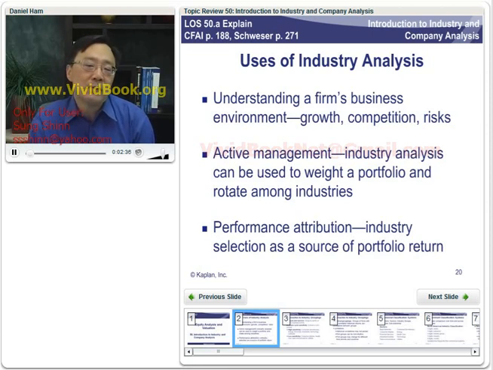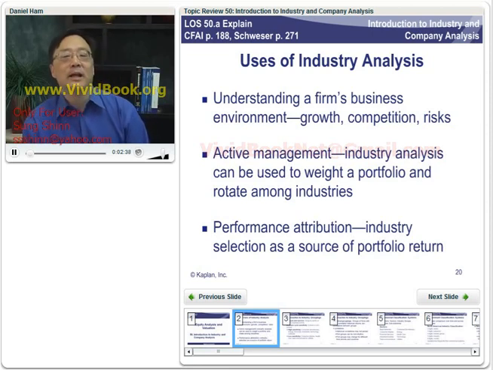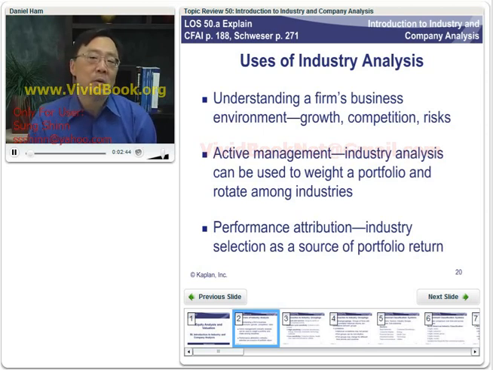One is in terms of outlook: you could look at positive, negative, or neutral outlook. Or you could categorize industries as favorable or unfavorable relative to, say, the business cycle. So if you're going to weight the portfolio, you're going to overweight the favorable industries and underweight the unfavorable, as opposed to, say, a rotation strategy among industries.